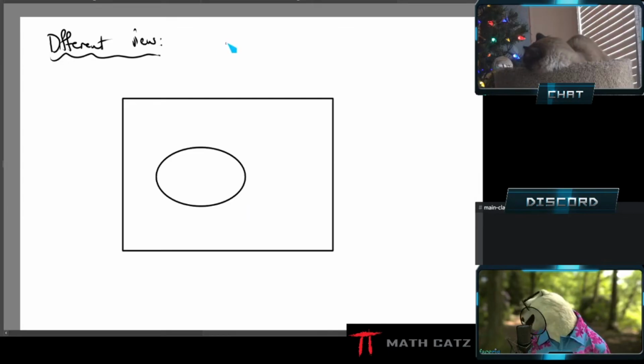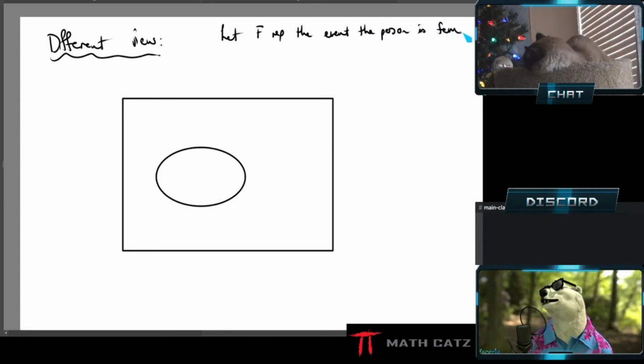I could say, let F represent the event, or set, that the person selected is female. And then this will be my F. I'll put it on top of it.